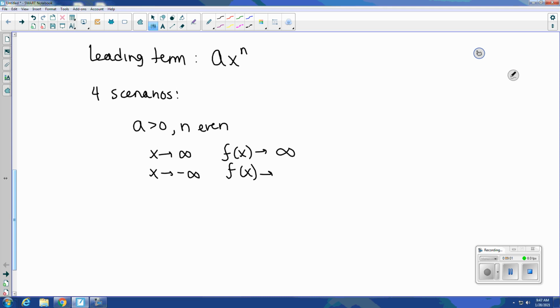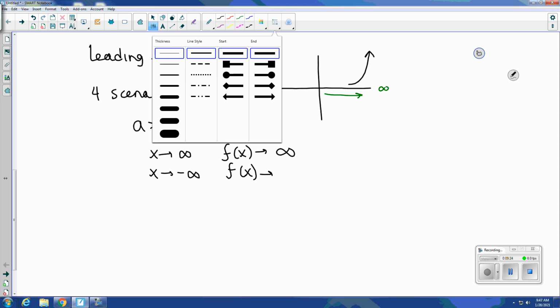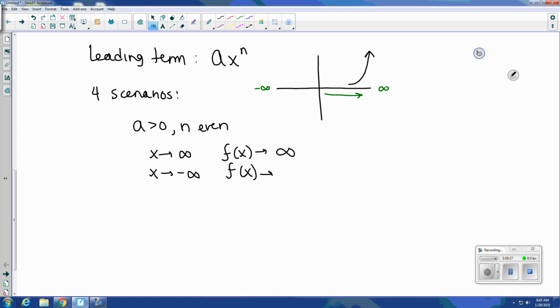Now visually, what does that look like? On the coordinate plane, as we head towards positive infinity, so positive infinity is this direction, negative infinity, as we're moving this way, the function graph at some point will start to head up towards positive infinity. Now, as we head towards negative infinity, imagine taking a value that's negative, growing in the negative direction, and raising it to an even exponent. If you take a negative value and raise it to an even exponent, say 6, you know that it's going to turn positive, but it's still growing in an absolute value sense.